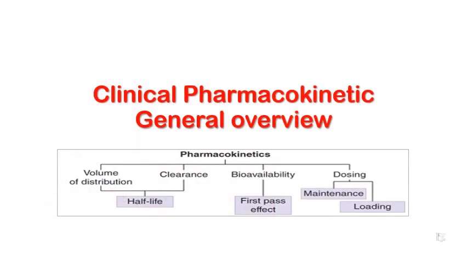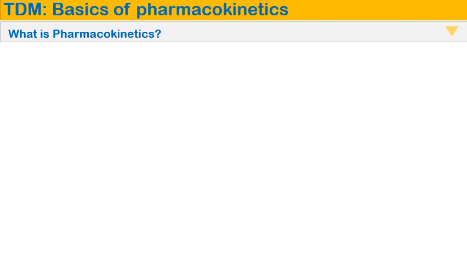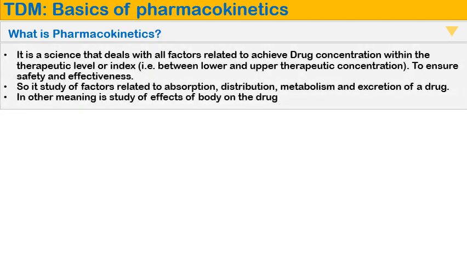At the beginning, we start with a general review of clinical pharmacokinetics. We will talk about volume of distribution, clearance, half-life, bioavailability, first pass effect, dosing, maintenance, and loading. What is pharmacokinetics? Pharmacokinetics is a science that deals with all factors related to achieving drug concentration within the therapeutic level or index.